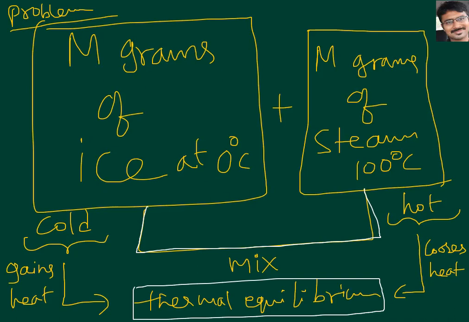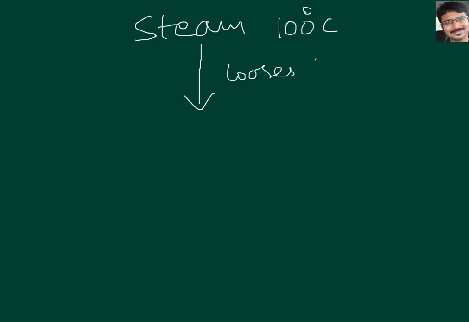First, I am taking only steam and I'll go ahead with the discussion. Steam is initially at 100 degrees centigrade, and if it loses heat energy, the minimum temperature of steam itself is 100.